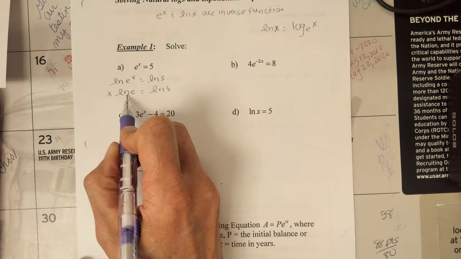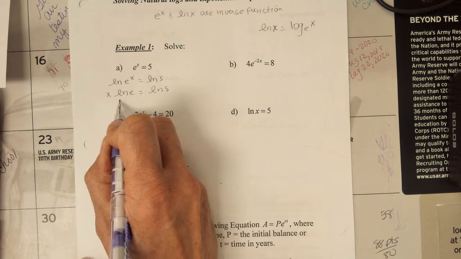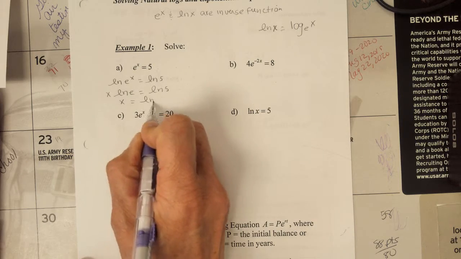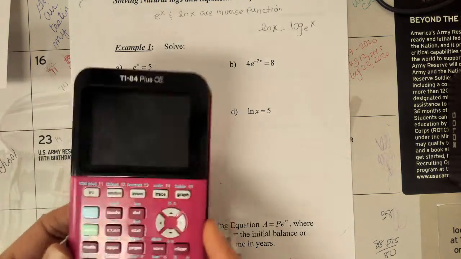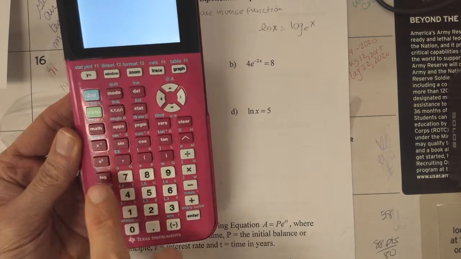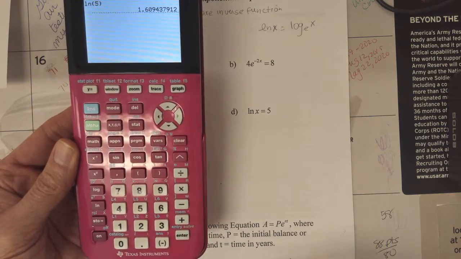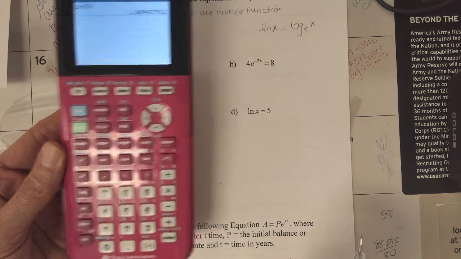If you type in your calculator natural log of e to the first, you'll see that that is equal to 1. So you get x equals the natural log of 5. And then we get our calculator. A natural log can be found right under the word log. So you'll hit natural log 5 and hit enter. So 1.609.